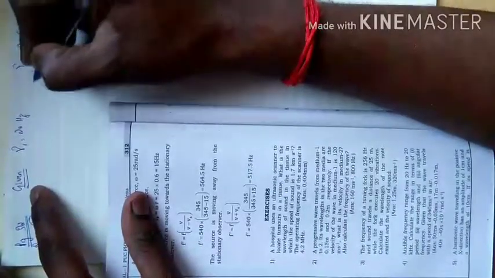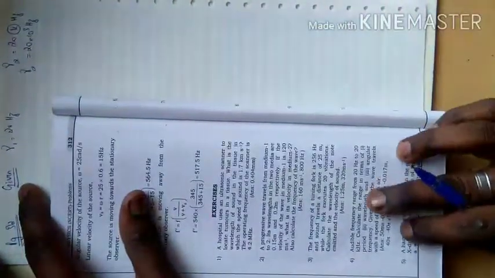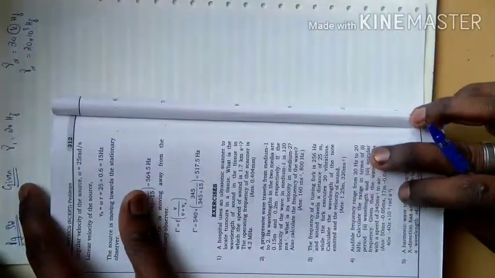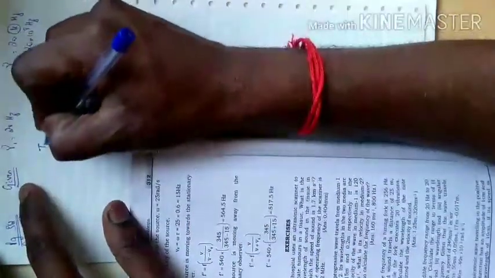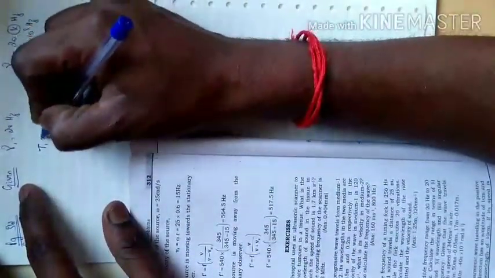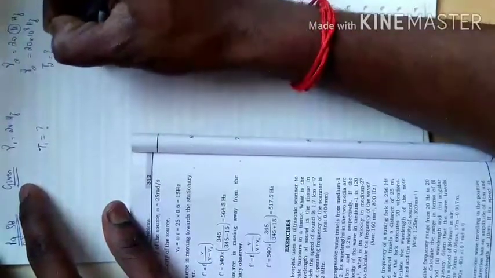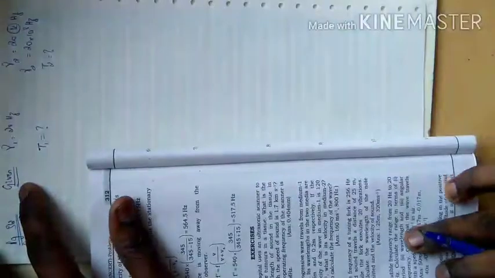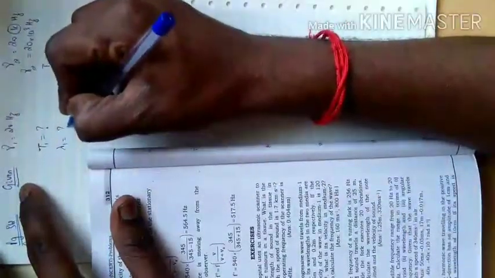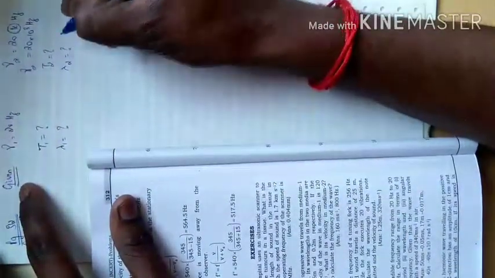They are given the two frequencies, nu 1 and nu 2. And they are saying, see here, calculate the range in terms of period. You have to calculate the range in terms of period, that is T1 is question mark and T2 is question mark, from there to there. And then they are asking you to calculate the wavelength. Lambda 1 to lambda 2 is question mark.